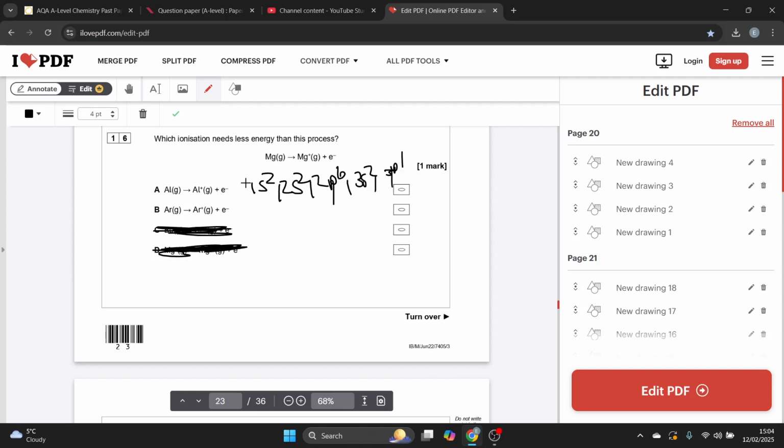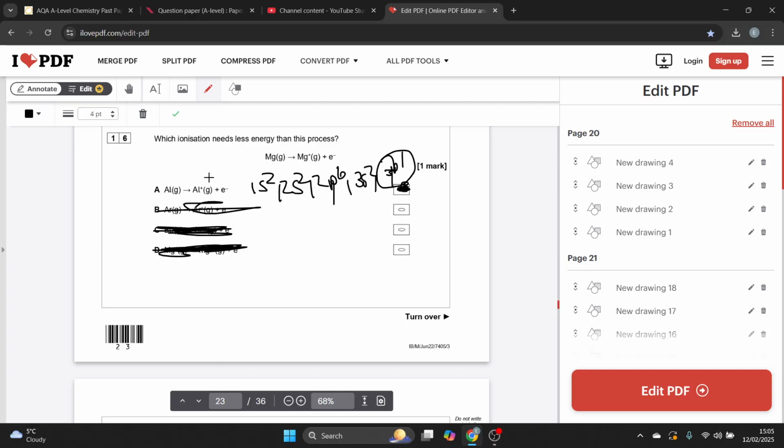Magnesium has 3s2, so it's going to be this then. Al gas to Al plus gas plus e minus, because that's in a different, extra p orbital, more shielding, so it's going to need less energy. Whereas argon's got 18 electrons, a full 3p6 orbital.